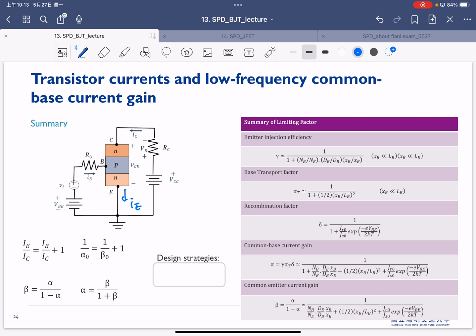Basically, the emitter current is equal to the base current plus the collector current. Therefore, your emitter current is equal to your base plus your collector current here.